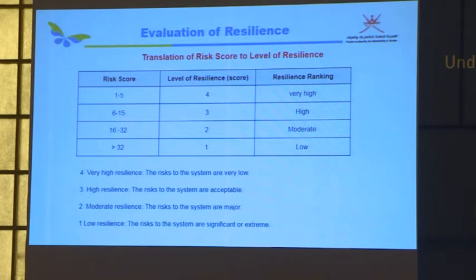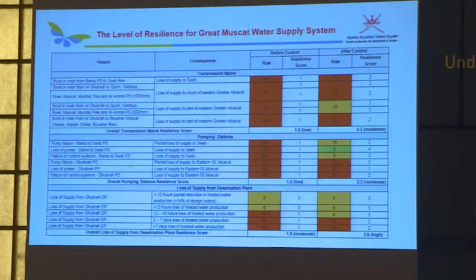Translating the risk score to level of resilience: a risk factor of 1 to 5 gives a resilience level of 4, and the resilience ranking will be very high. And 6 to 15 gives 3. So we convert to the level of resilience for the Greater Muscat water supply system, putting the ranking and scoring of the resilience.